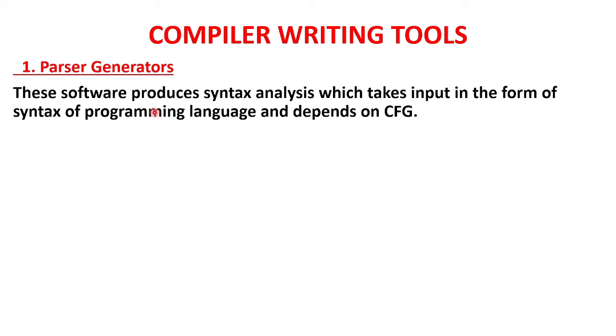It will analyze the syntax automatically for you. That is the parser generator tool. Because syntax analysis is one of the phases of a compiler, you can do the syntax analysis automatically using this parser generator tool, which will take as input the syntax of your programming language and will give you the output after checking the syntax.